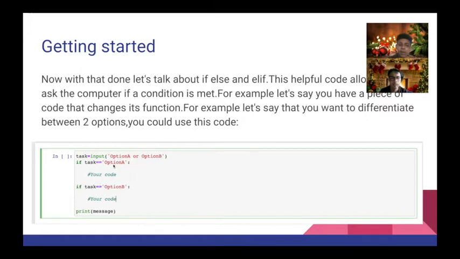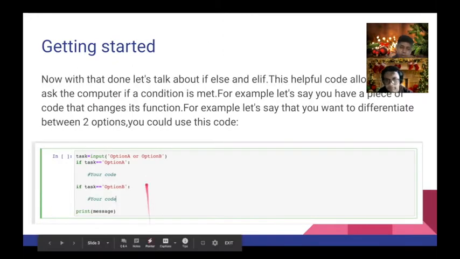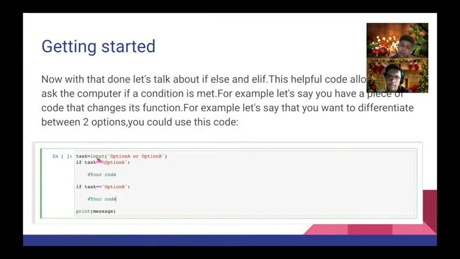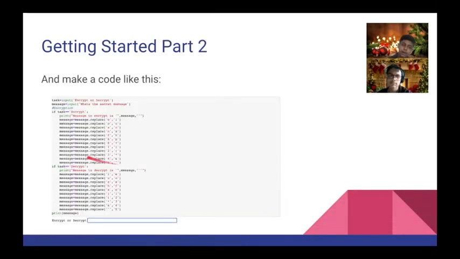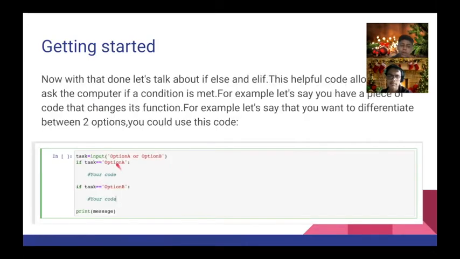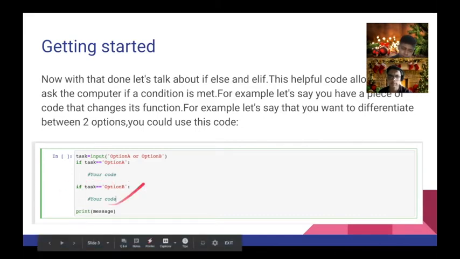For example, the person who's using this code puts option A, so then all of the things that are in option A will happen. Or let's say the person using this code picks option B, then this will happen.